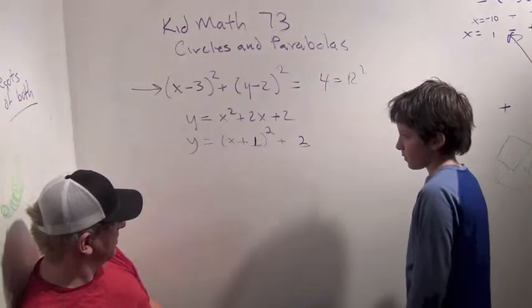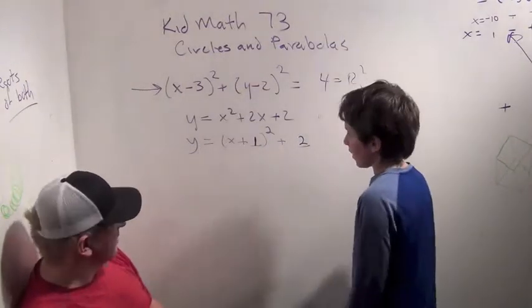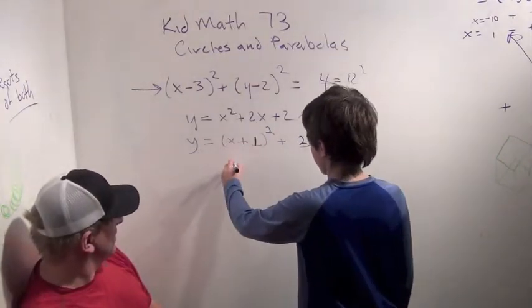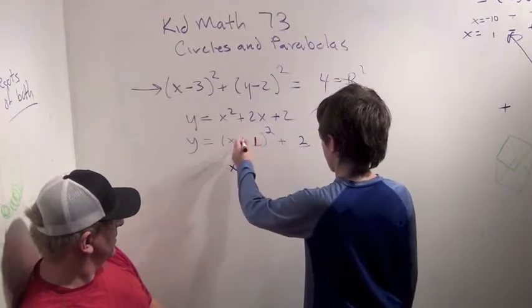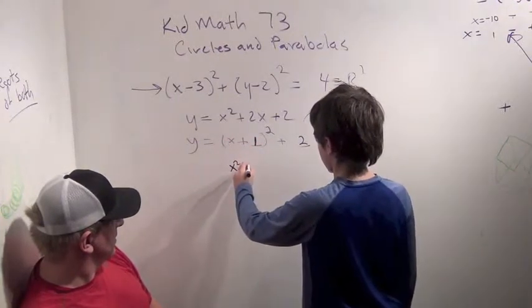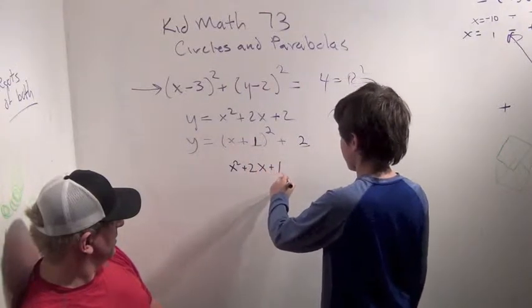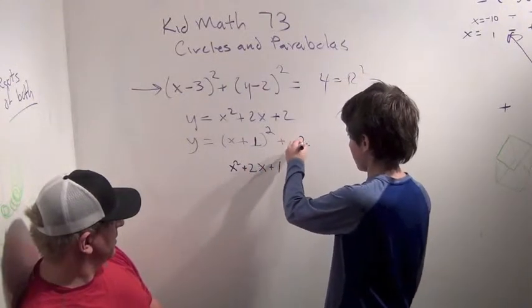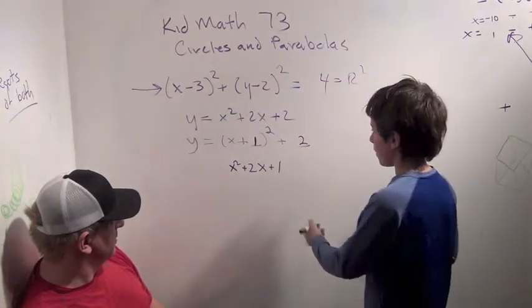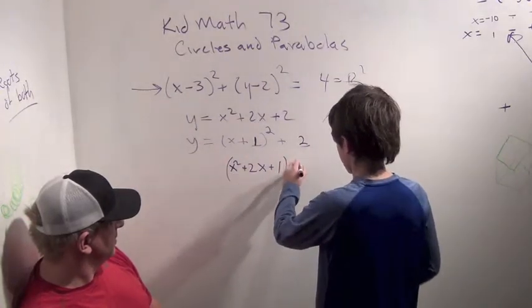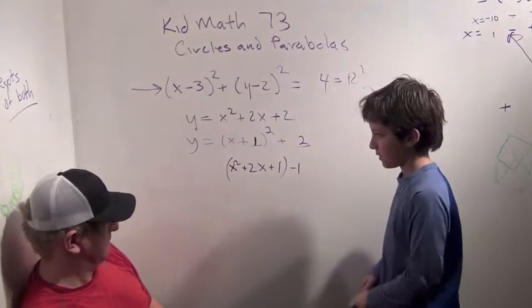Multiply this out and let's see if that's right. So we have x squared, then we have x plus x, or 2x, plus 1, but then we have to do minus 3.